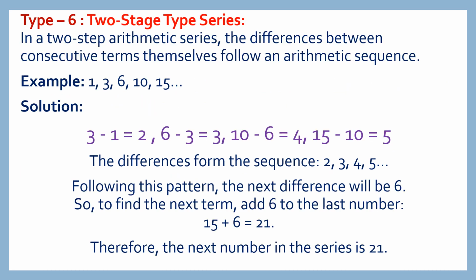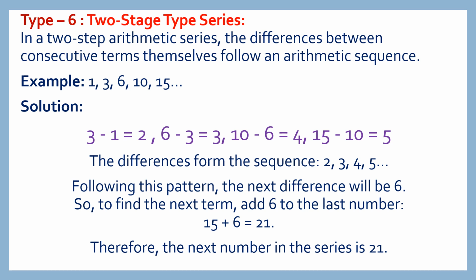Now type 6, two-stage type series. What is a two-stage type series? In a two-step arithmetic series, the differences between the consecutive terms themselves follow an arithmetic sequence. See, here the example 1, 3, 6, 10, 15.